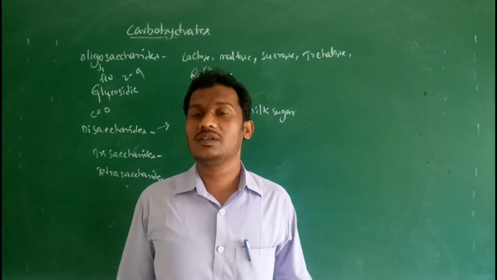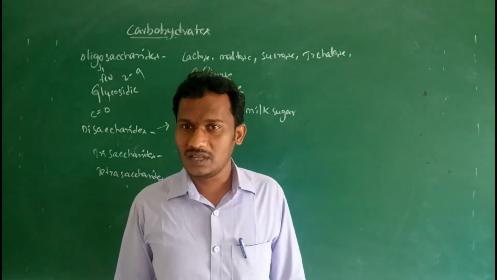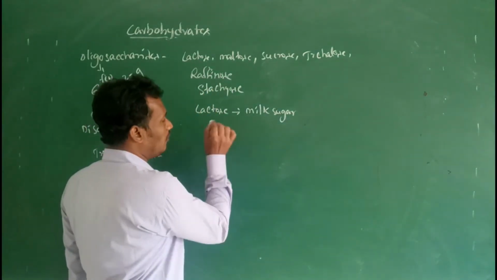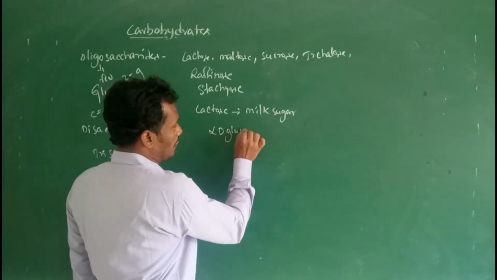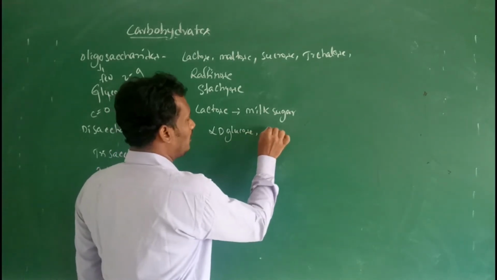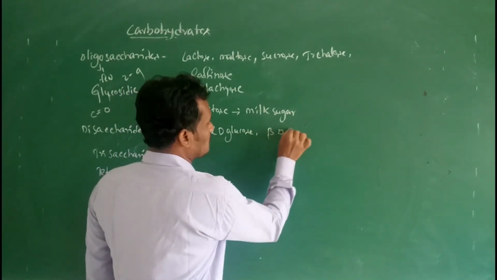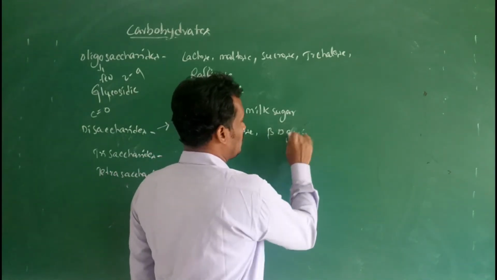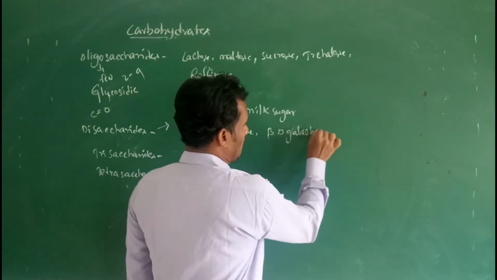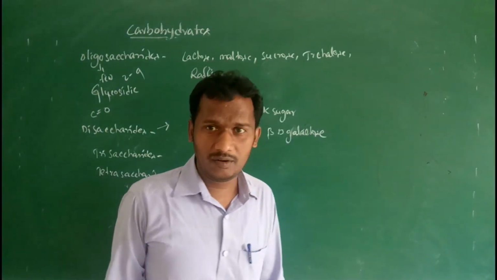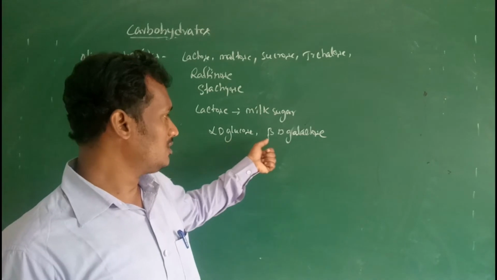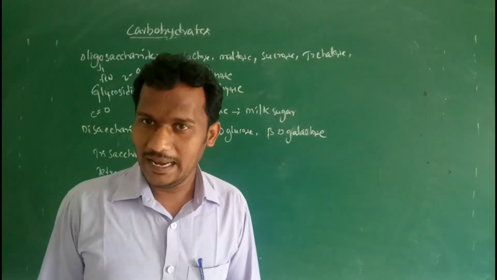By the hydrolysis of lactose, it will give alpha D glucose and beta D galactose.